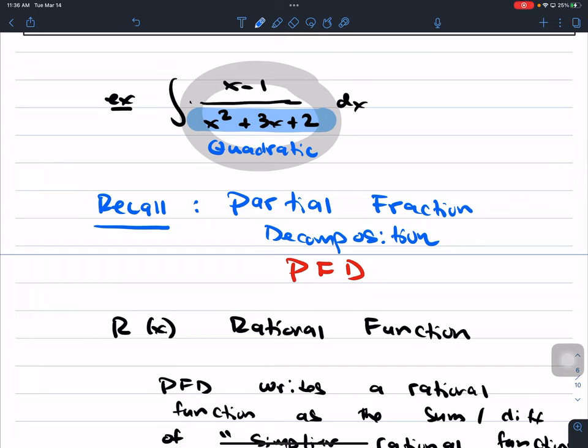So, in your book, let's see if I can find it. 262. Oh, come on. Oh, yeah, we do have some partial fraction decomposition. Is that right? Yeah. So I already have that there for you guys, and I wanted to start that.